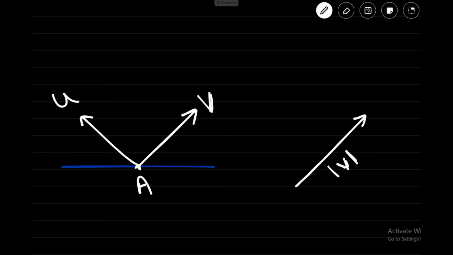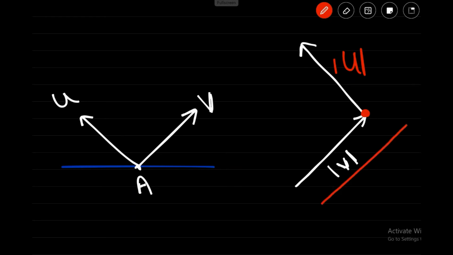And then you take your second vector, again showing the correct magnitude and the correct direction, and you connect it with the first vector in a way that the tail of the second vector is connected to the head of the first vector. So we say that we have connected these two vectors in order.